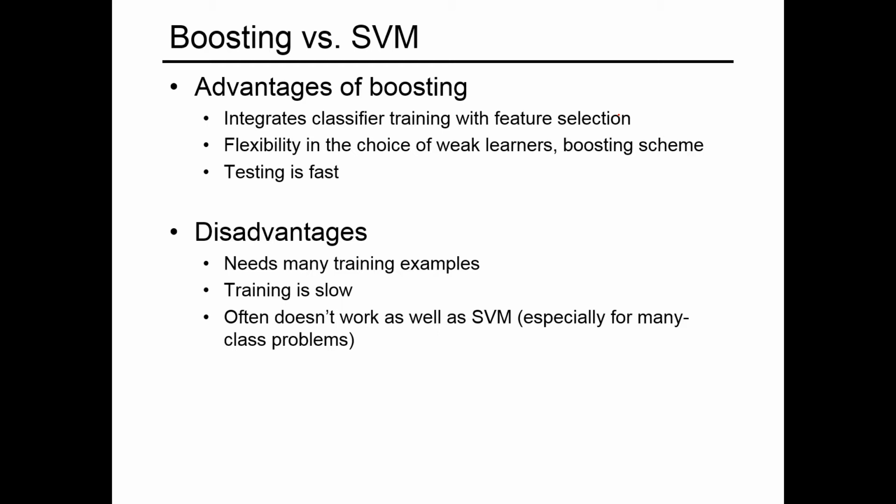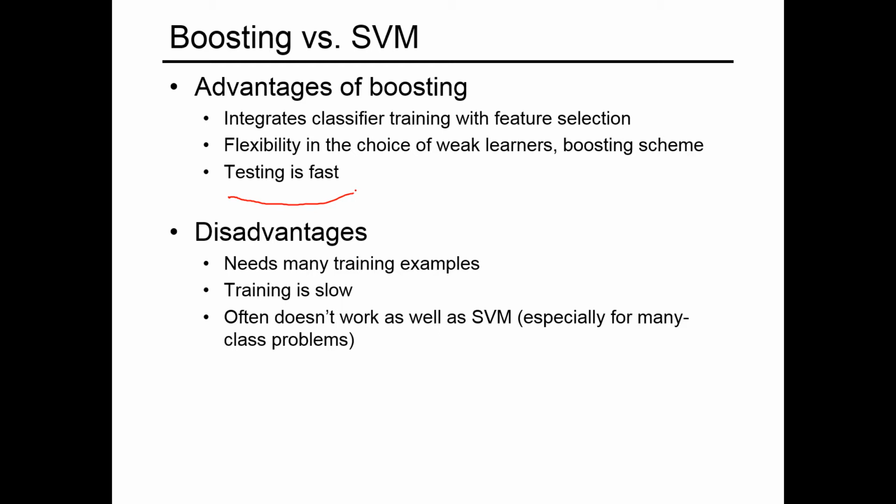And testing you can make very fast. There's also some flexibility to construct your overall classifier, because it's multi-stage in nature. You build a number of classifiers, and you can terminate anywhere. I will give more examples afterward.